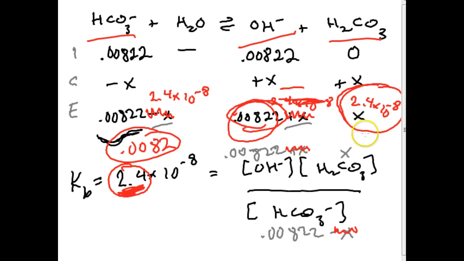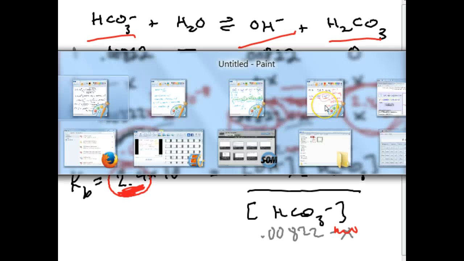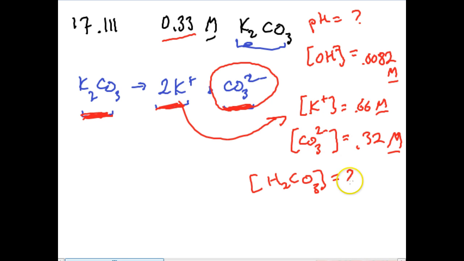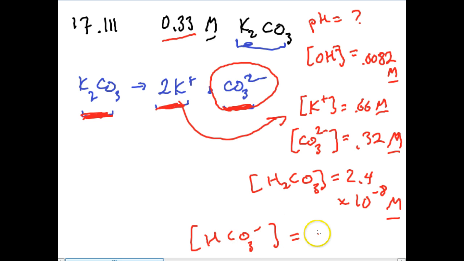H2CO3 carbonic acid, 2.4 times 10 to the minus 8. And where's our start page? Here it is. So that's 2.4 times 10 to the minus 8 molar. And there was, of course, HCO3 minus, whose concentration was 0.0082 molar.